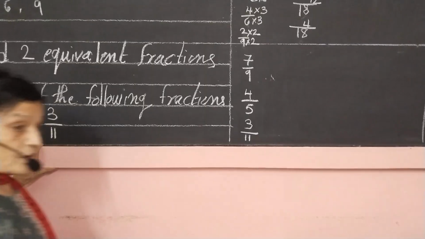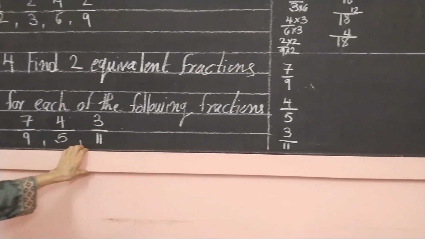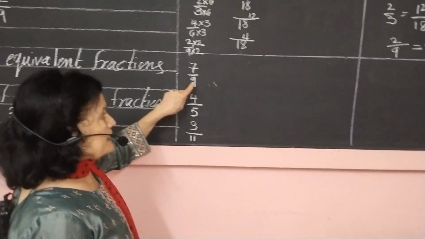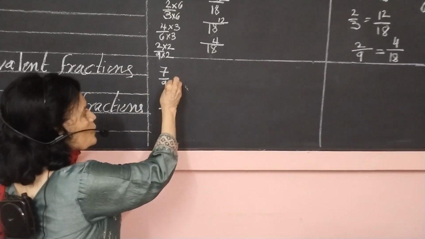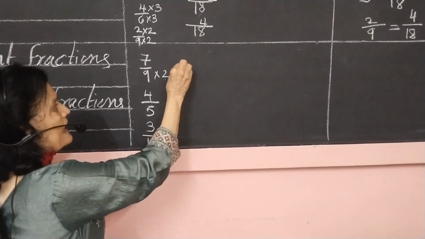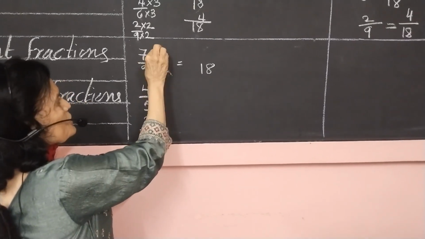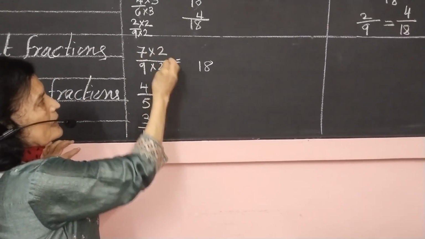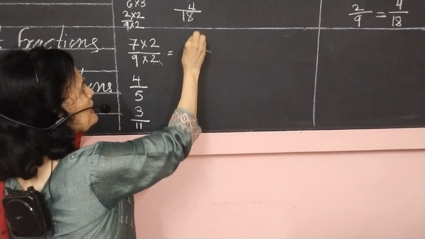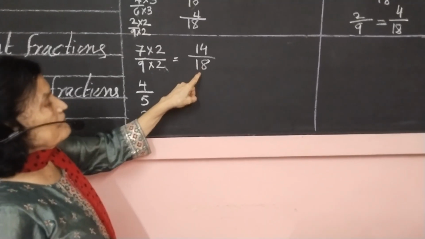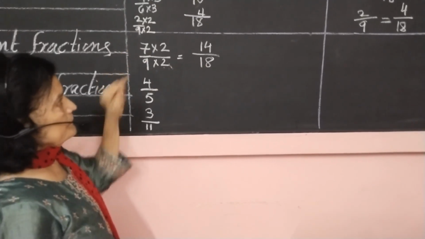Now they just want equivalent fractions for each one of them. So suppose I multiply this by 2, then I am going to get 18 here. The numerator also has to be multiplied by 2, and hence we get 14. So this is one equivalent fraction to 7 upon 9.